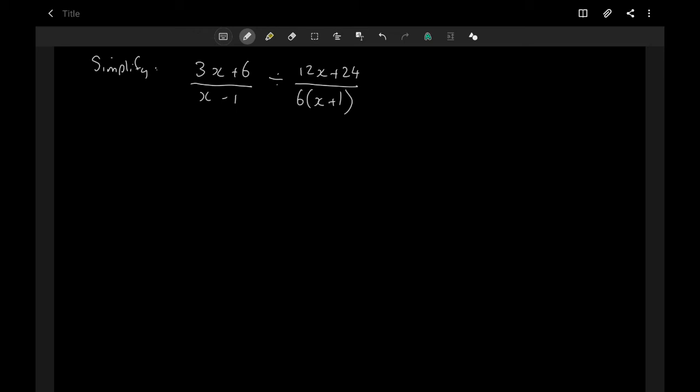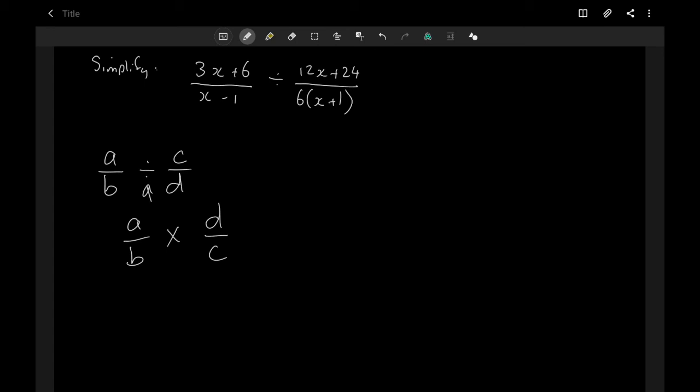Say I had A over B and I want to divide that by C over D. The way you divide fractions is you keep the first fraction, you change the division to a multiply, and then you invert or you flip the second fraction. So A over B divided by C over D becomes A over B multiplied by D over C. So that would be your first step.